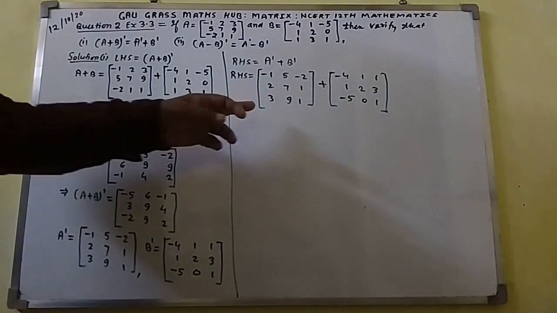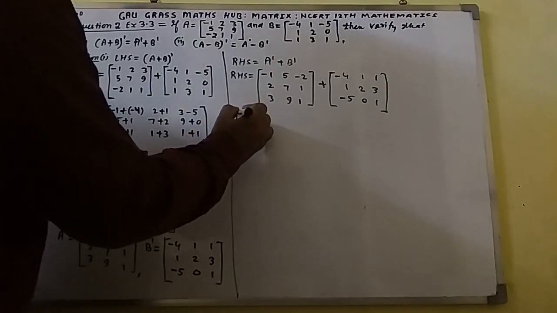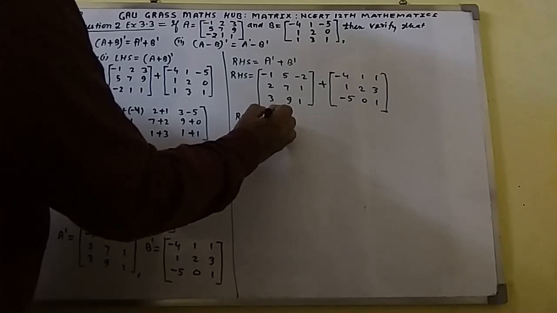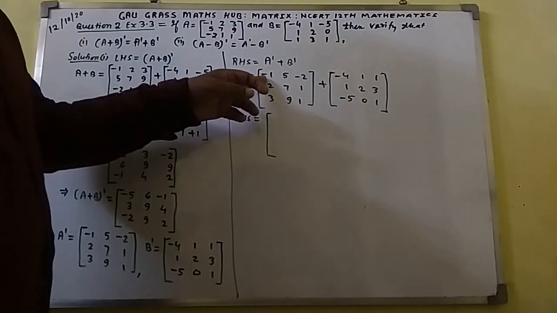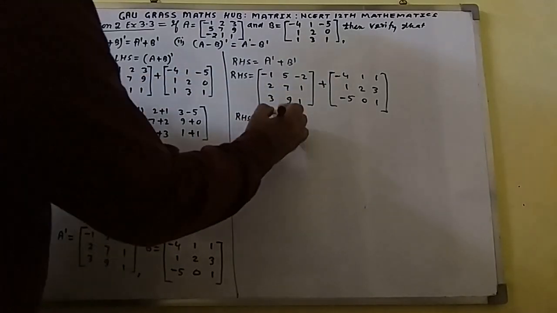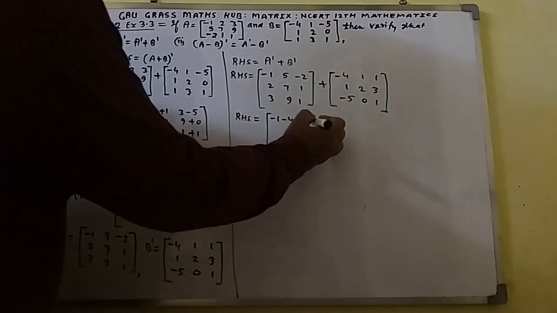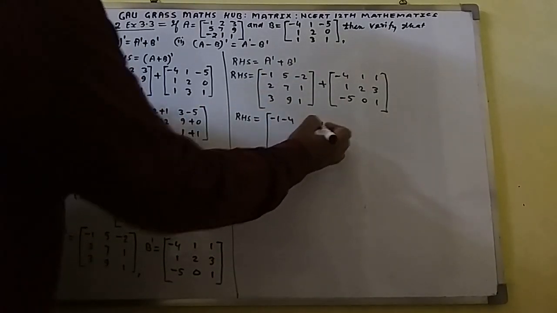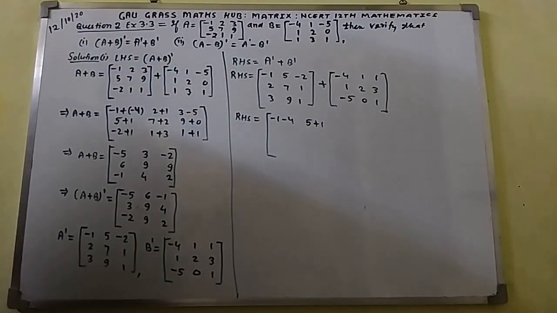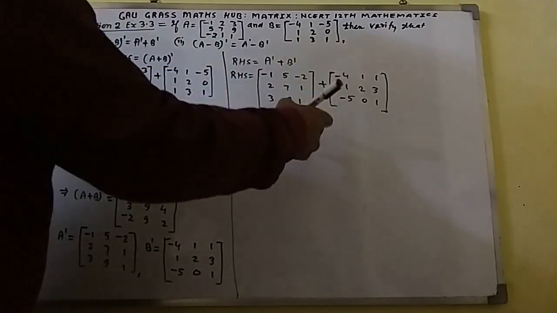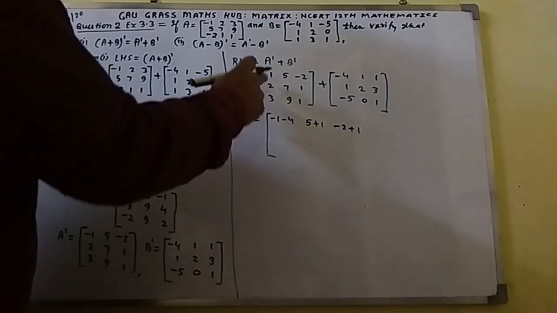So here you have got A dash plus B dash. Both matrices will be added together. So I shall write RHS equal to, the respective elements will be added together. -1 and -4 will be added together. 5 plus 1, the respective elements of both matrices will be added together. -2 will be added to 1.